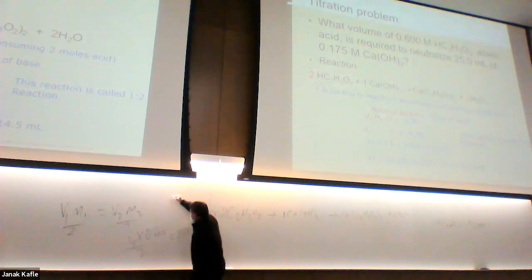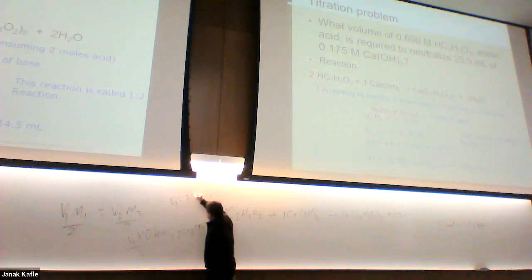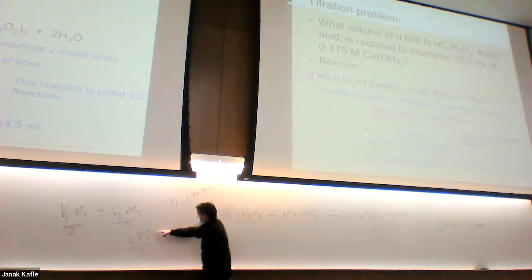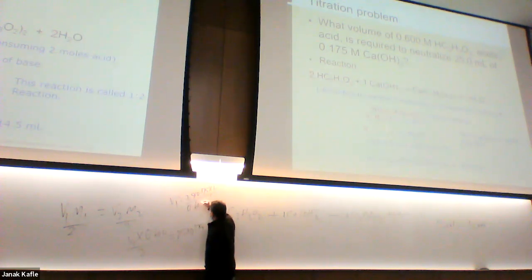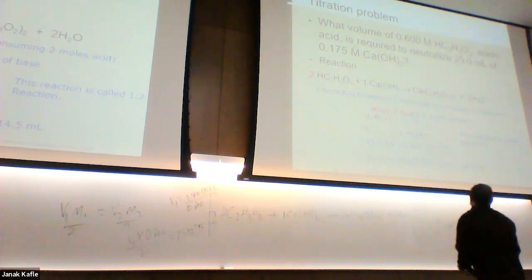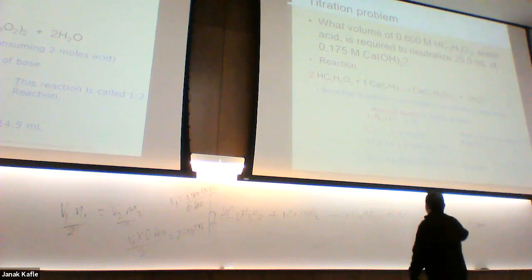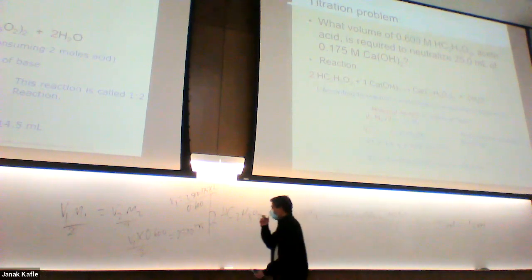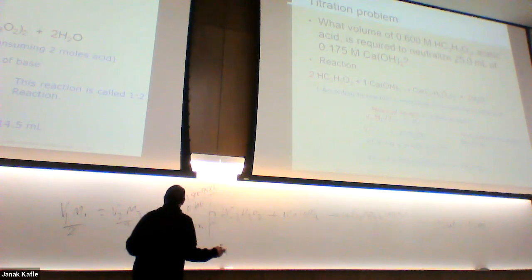So V1 is equal to 25 multiplied by 0.175, and 2 goes here. Then 0.600 comes here, right? So that's V1. So how much do I get? That's 14.5 ml. 14.5 ml of acid I need to neutralize that one.